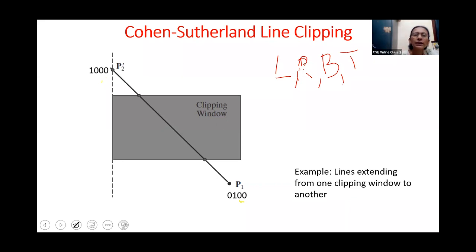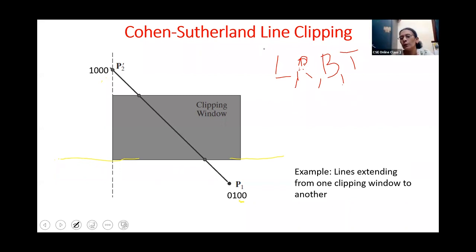Next, we check the third bit, for the bottom boundary. For P1 it is 1, whereas for P2 it is 0. That means P1 is lying below the bottom boundary, whereas P2 is not.